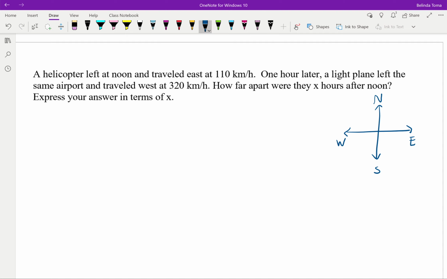We're going to express our answers in terms of x. So we're not actually solving anything, but I'm going to draw some segments, and I want you to think in terms of the two pieces that we have. I'll connect that to the blue a little better here.